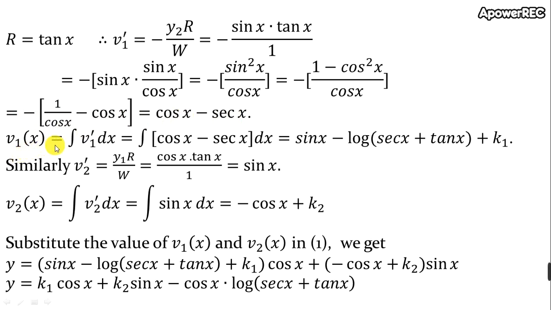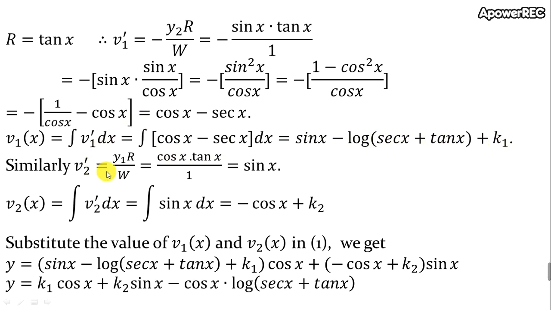v1 of x is equal to the integration of v1 dash dx, which is equal to the integration of cos x minus secant x dx. The integration of cos x is sin x, and the integration of secant x is log of secant x plus tan x, plus k1 as an integrating constant.